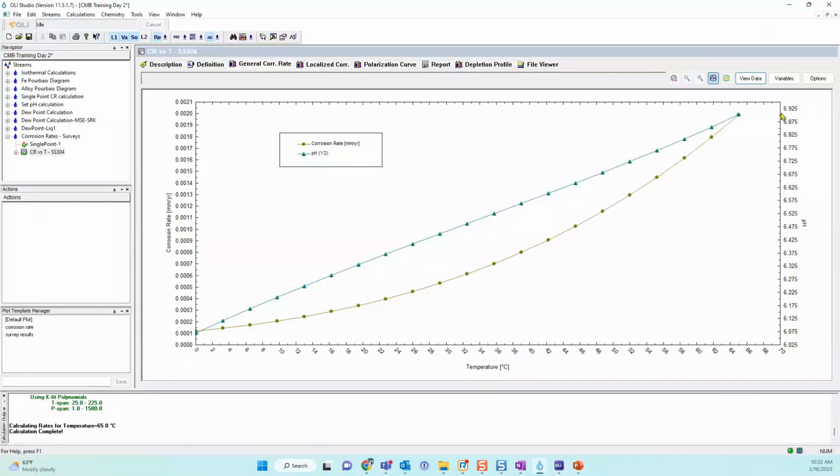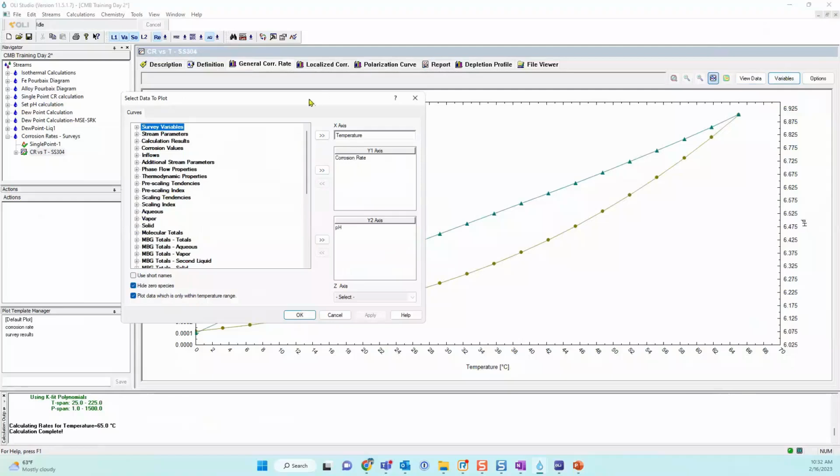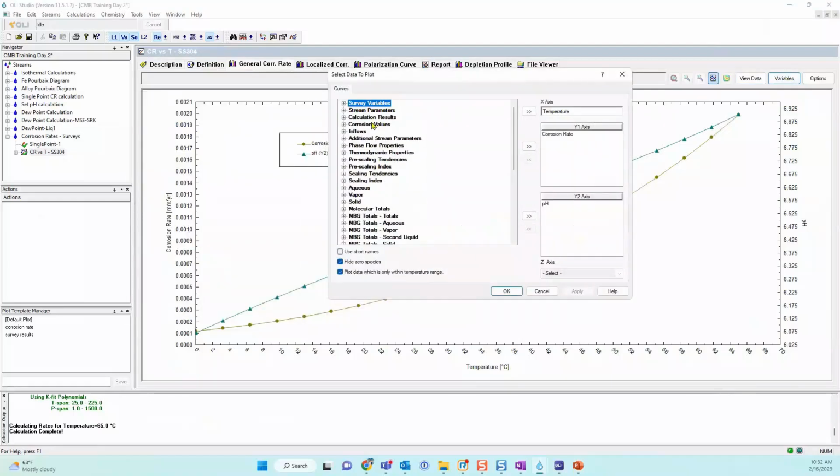So you could say, well, this could be CO2 corrosion because we are using a sample that has CO2 dissolved in it. And we want to see how much CO2 is dissolved and how much it leaves the solution as I increase the temperature. So you go to variables and you can start adding any of these possible properties or results that you want to see as a function of temperature.